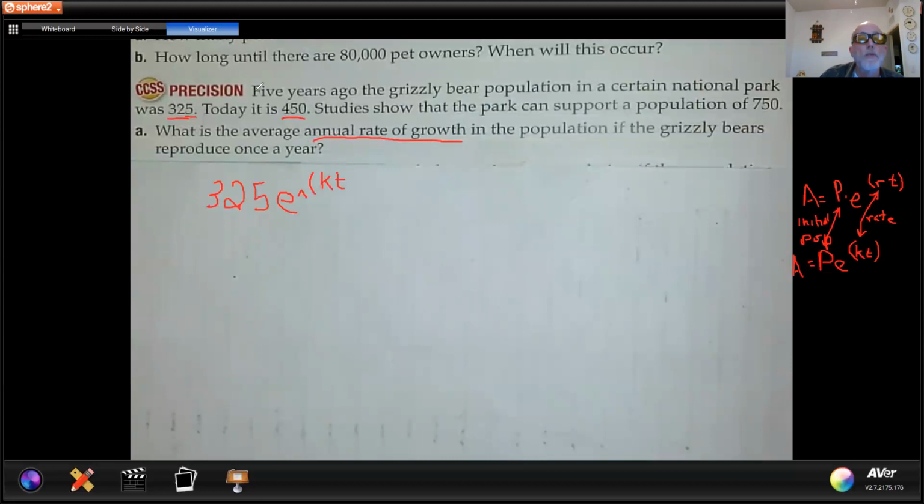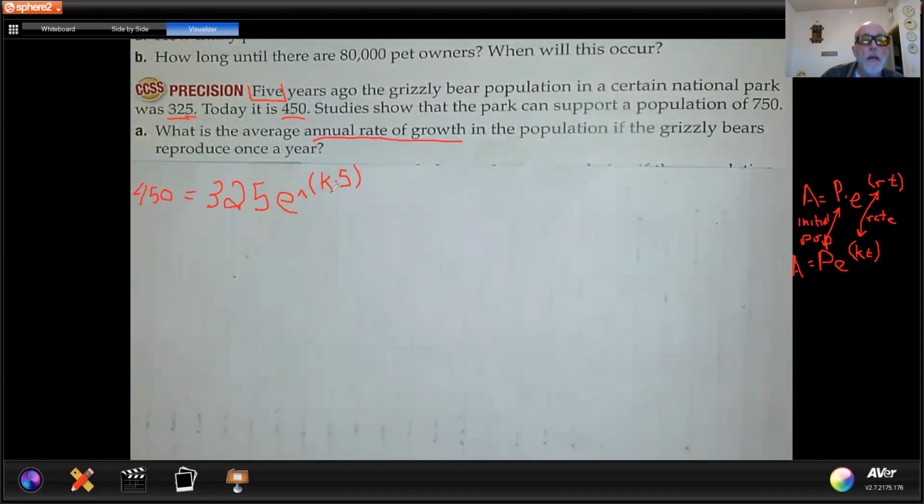Time is 5. So let's get rid of T and put 5. K times 5, or R times 5 if you want to say R. And that equals, the answer was today there's 450, right? I started with 325. And now there's 450 bears, right?